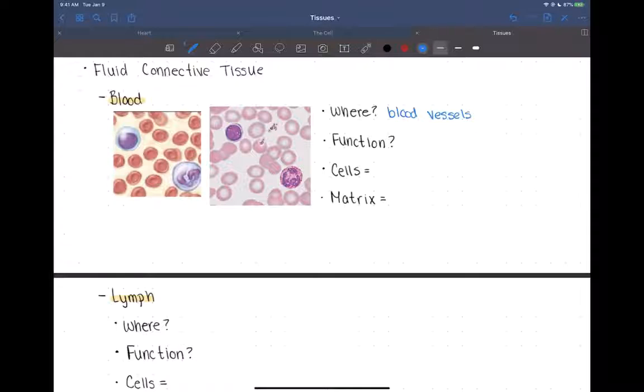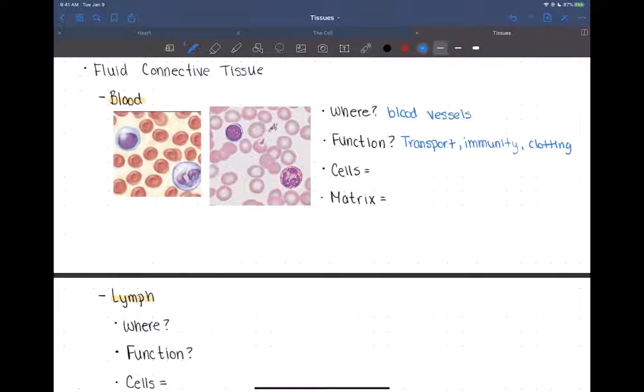And the function is to transport things. There's actually many functions. Transport would be for oxygen, carbon dioxide, nutrients, and waste. All those things are going to be transported. Immunity is controlled by blood because of the white blood cells, and clotting, because of the platelets, is another function of blood.